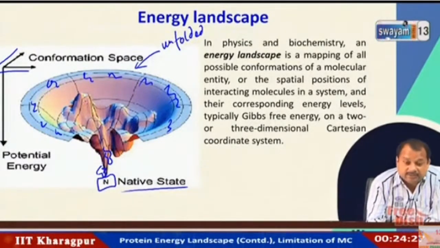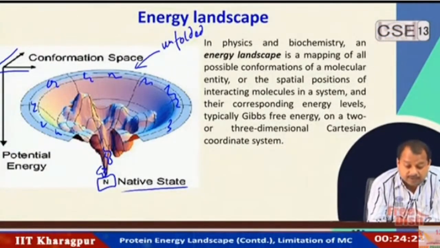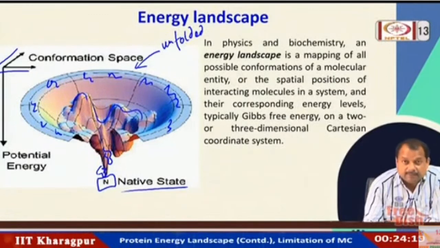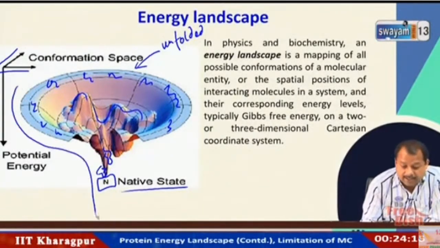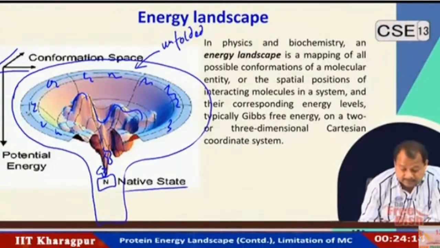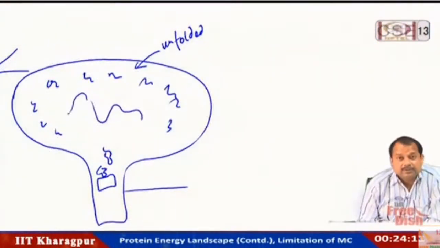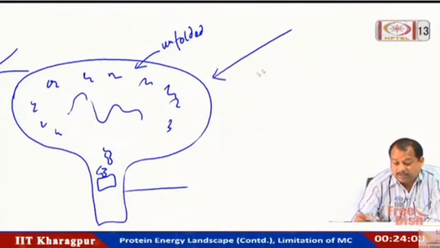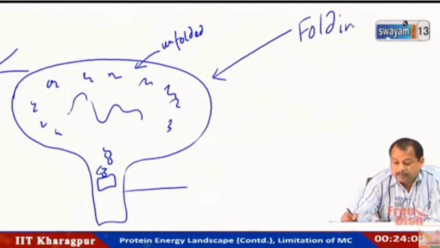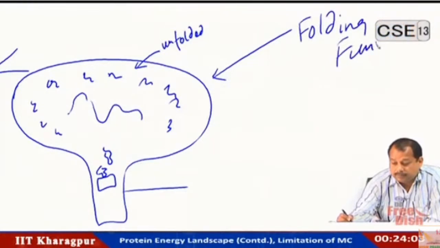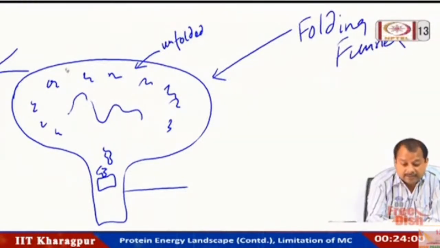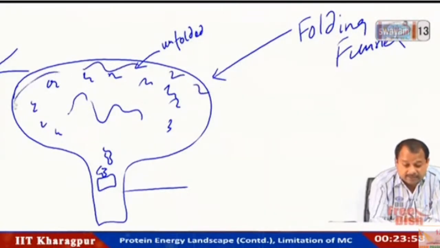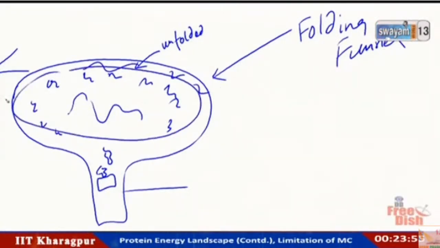If I assume that, then there are some forbidden regions where I cannot generate the conformation. That way some hilly regions are there inside, but overall it looks like a funnel. So, that is why it is also called the folding funnel, where these are the partially folded states, and finally when I reach this tip, that is my N, my native state.